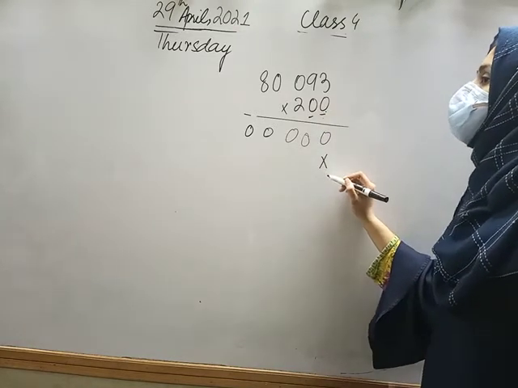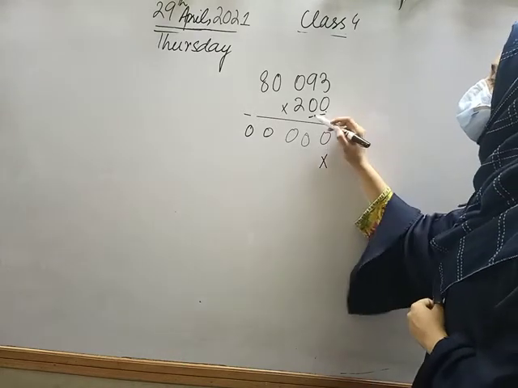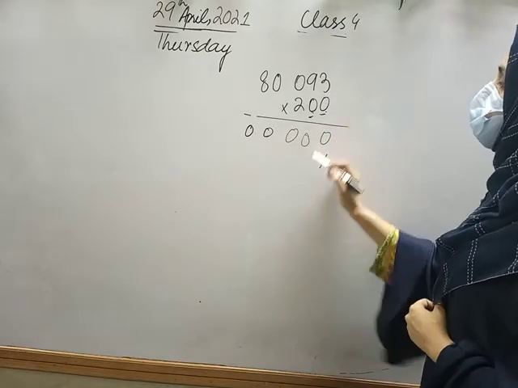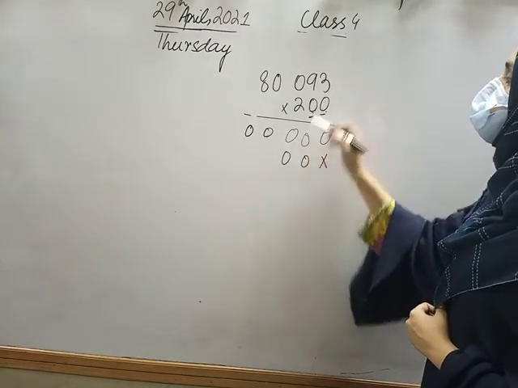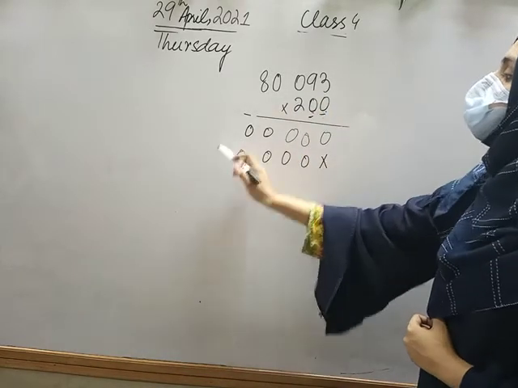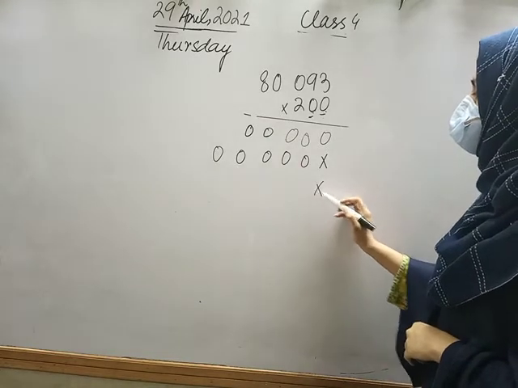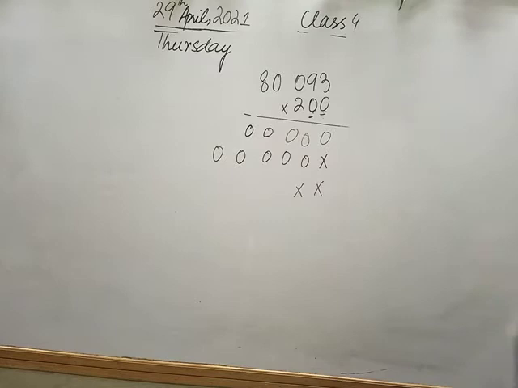We will write the multiplication sign from the right side. 0, 3 times 0, 9 times 0, 0 times 0, 0 times 0 and 8 times 0 is 0. Fine? Okay. Now I will write 2 multiplication signs there because I am done with the 2-digit number. Fine? Now it is 2's turn, so what will we do?